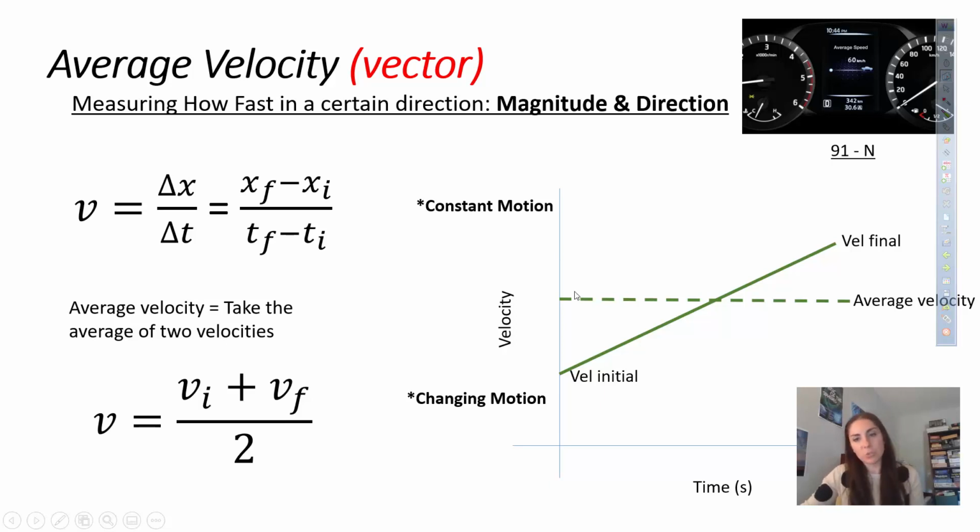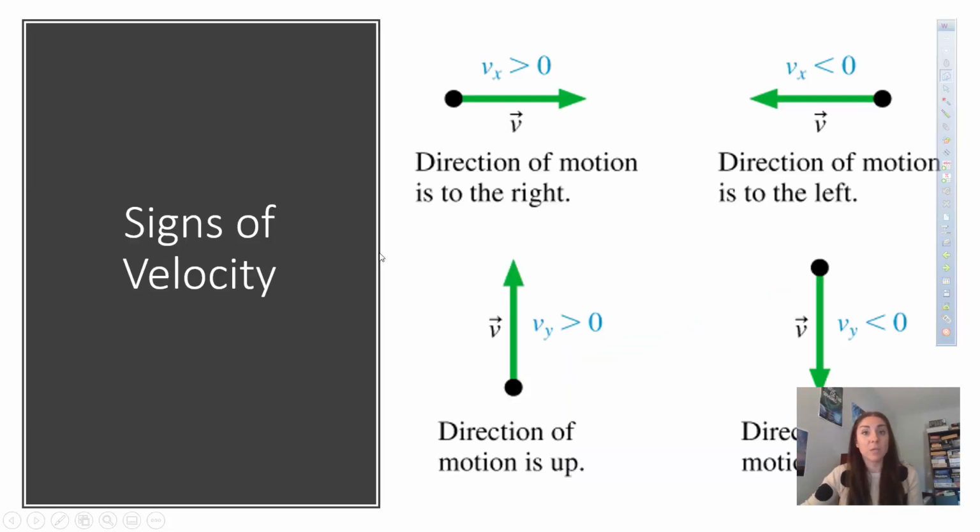But I wanted to show you an average velocity visual of a changing velocity to show you that you never are getting the initial or the final. You're just getting, I hate to use the word average, but you're getting the middle point velocity here when you calculate average velocity. Just like displacement, you have signs of velocity for the same thing. If your velocity is positive, you're going up or to the right.